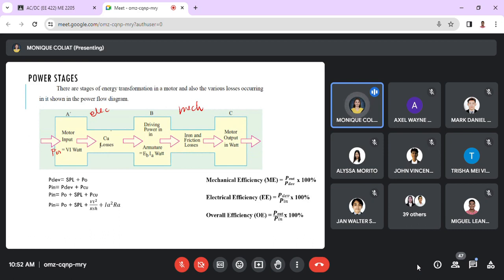And we have here the copper losses. Ang copper losses ay nasa electrical part. That is PCU. Then we have the driving power in armature, which is EBIA. And then we have here the mechanical losses or SPL. Then we have the output, or motor output power.